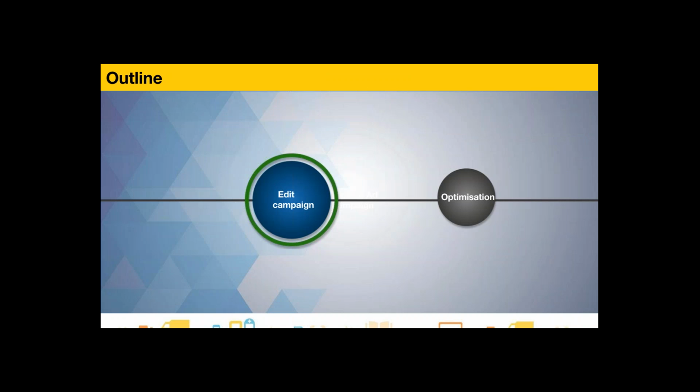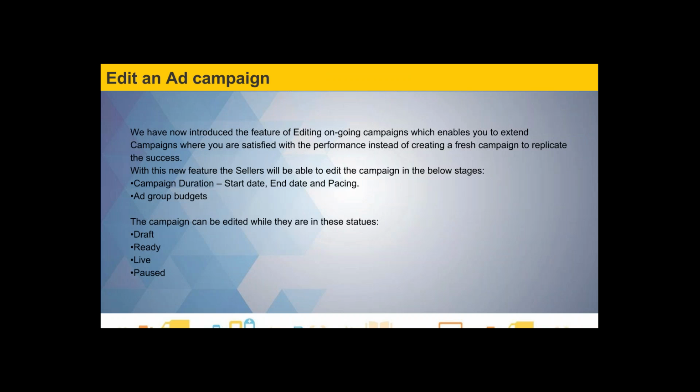Now let's talk about how you can edit a campaign. We have now introduced the feature of editing ongoing campaigns, which enables you to extend campaigns where you're satisfied with the performance instead of creating a fresh campaign to replicate the success.